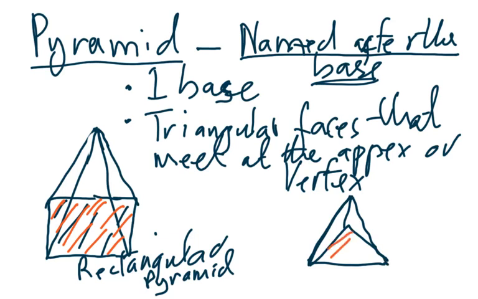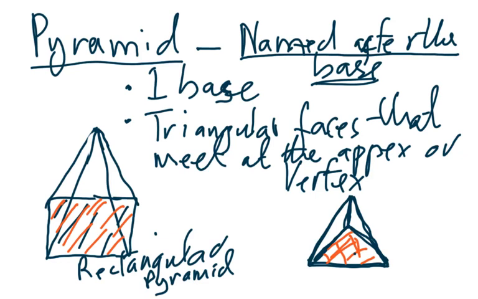We can see that the base is a triangle. The base is a triangle, therefore it is correct for us to say that this would be a triangular pyramid. One, it has one base, which is the triangle.